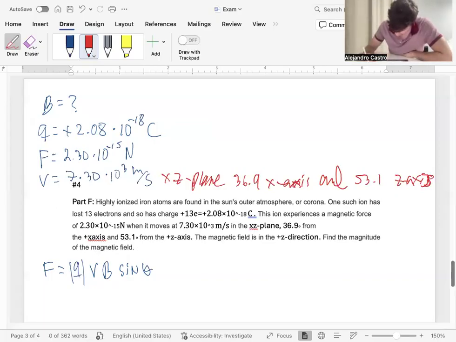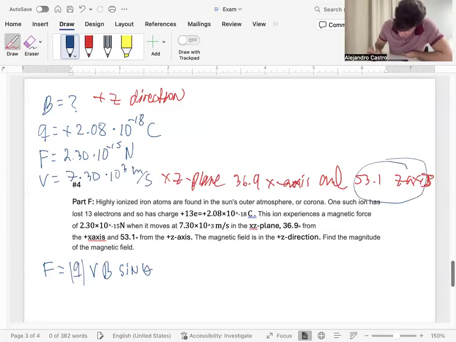Okay. And the magnetic field, which is what we need to find, we know is in the z direction, that means that the angle that we are gonna use is gonna be this one, 53.1.